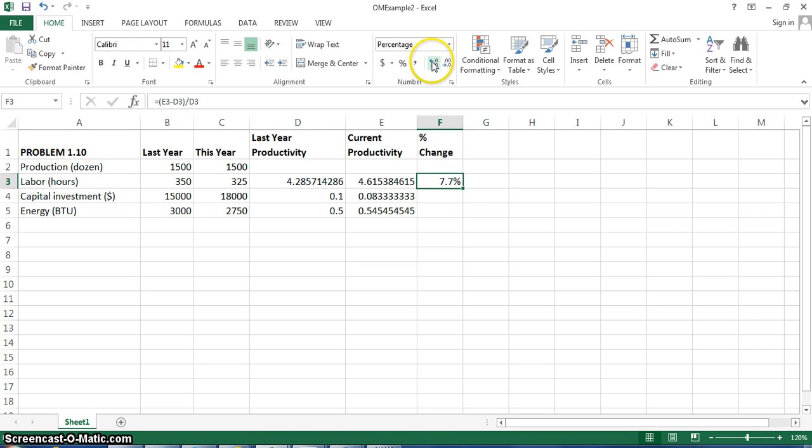I'll reformat this number in Excel to be a percent change rounded to 2 decimal places. Because there are no absolute references, this formula can be copied down to the other two inputs.